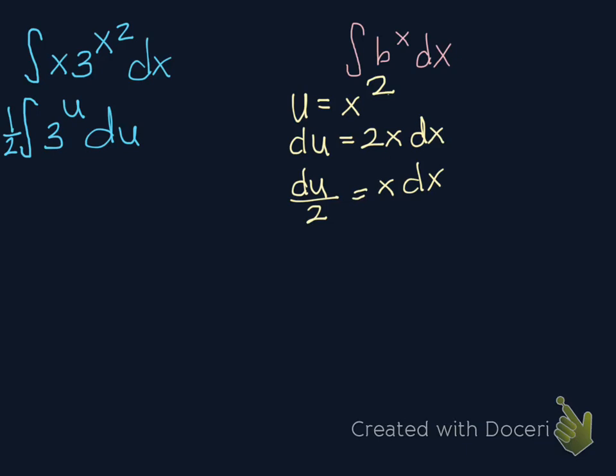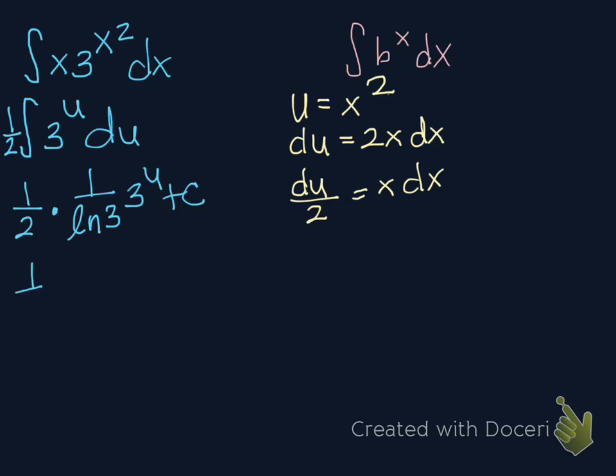Okay, now I can just plug and chug with the definition. So that would give me 1/2 times, and now to actually take the integral, it is 1 over ln of 3, ln of the base, times the base to the power, so 3 to the u, plus a c. And then the last thing I would need to do, since it's an indefinite integral, I need to go back and replace this u with the actual x function.